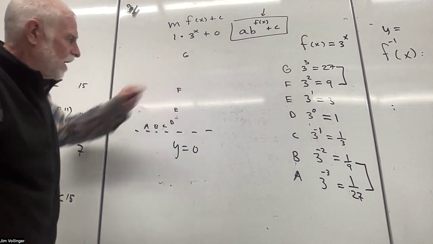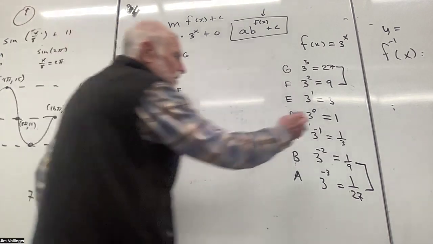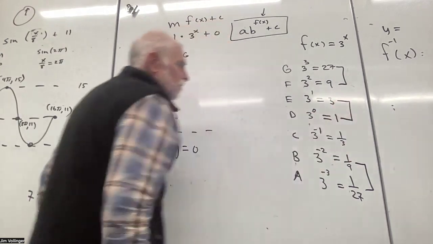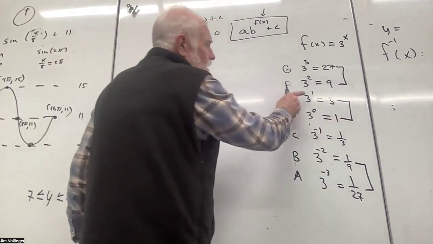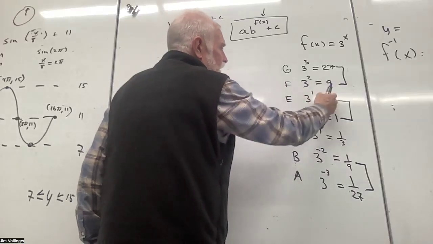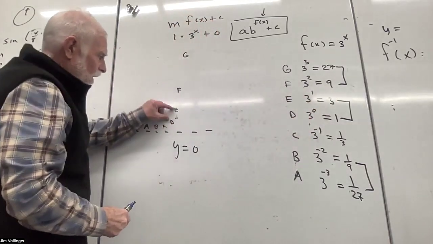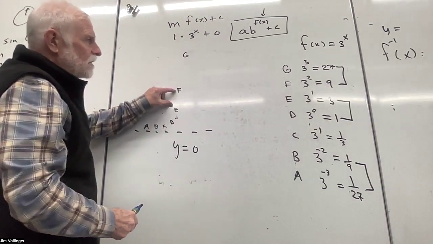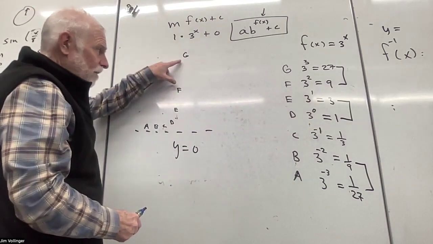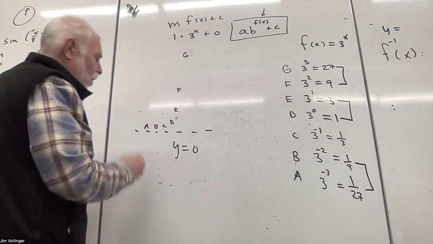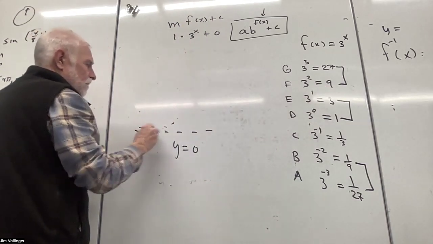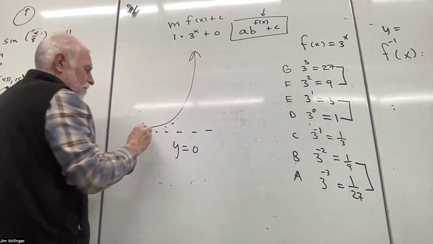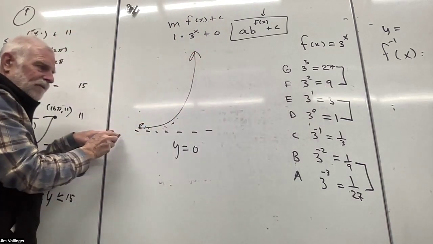Change by 1 each time, but my changes are getting bigger. That's a jump of 2 from D to E. From E to F, that's a jump of 6. That's going to be twice that jump. And then the next one is going to be 3 times that jump, 18. All right, and I'm hoping we can see the general trend of exponential growth and the asymptotic behavior here.